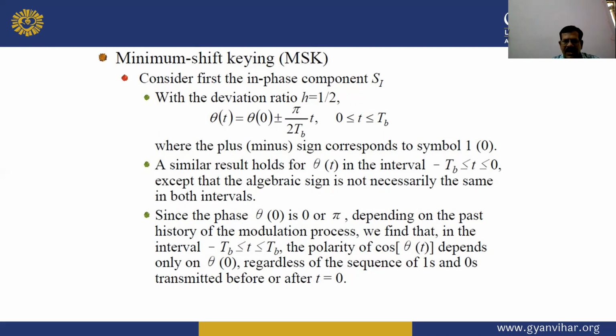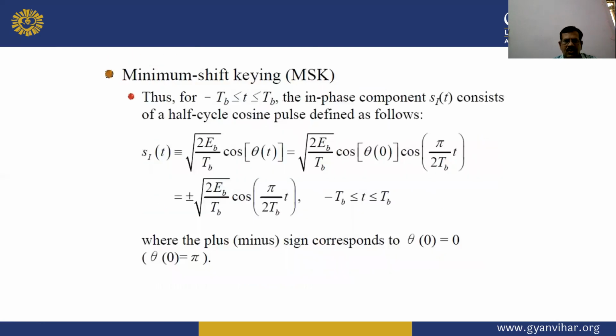We find that in the interval minus Tb to plus Tb, the polarity of cos θ(t) depends only on θ(0), regardless of the sequence of 1s and 0s transmitted before or after t equal to 0.